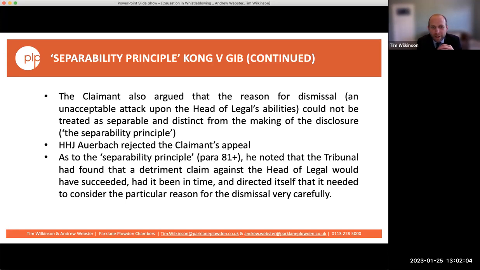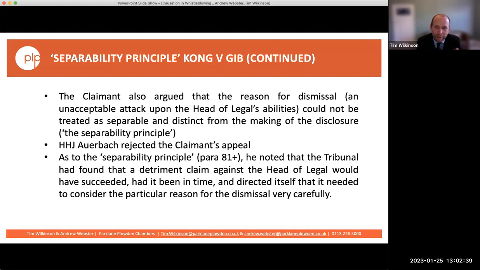His Honour Judge Auerbach recognised the fact that there had been a finding of detriment on the grounds of disclosure in relation to the head of legal's actions in that conversation. But the tribunal directed itself that because of that, it needed to treat this particular reason for dismissal very carefully. But in this instance, he said, the distinction could properly and genuinely be made when considering the motivation of the decision makers.